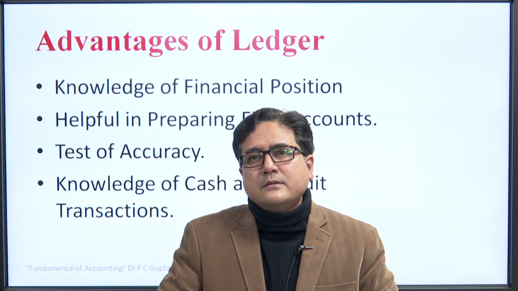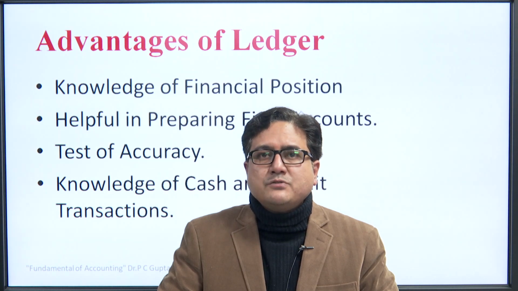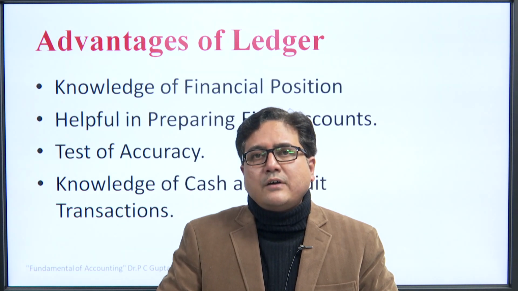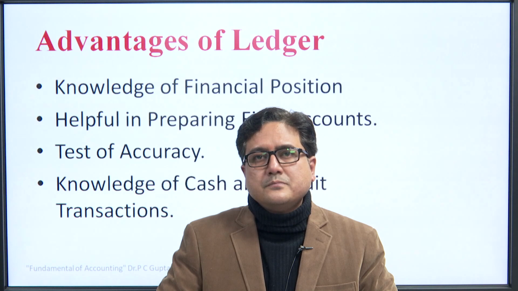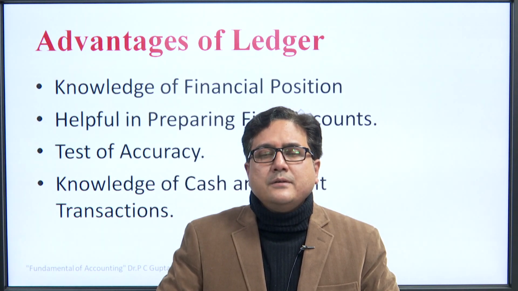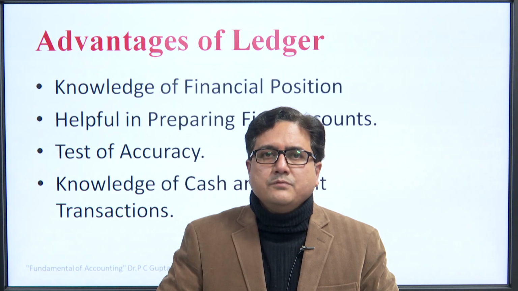How much we collect in a year, how much we can collect in a year, we can easily find out with the help of ledger, and what is the frequency of collection from the debtors, it is a part of the ledger, we can find out from the ledger.